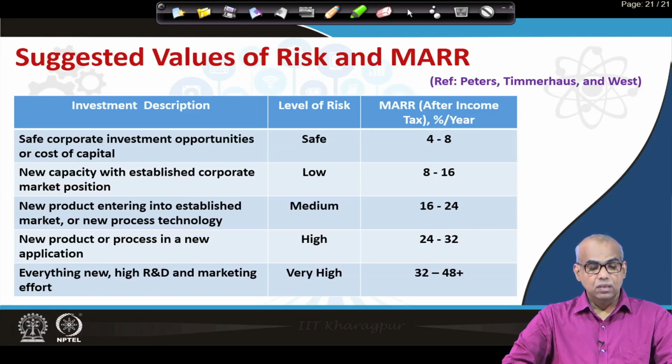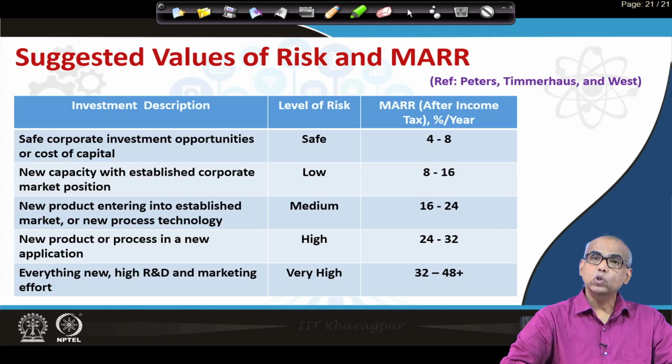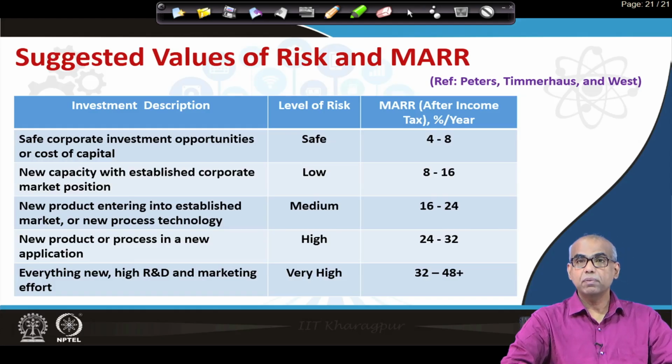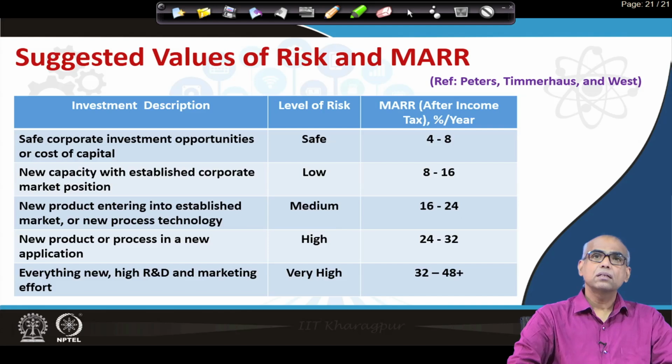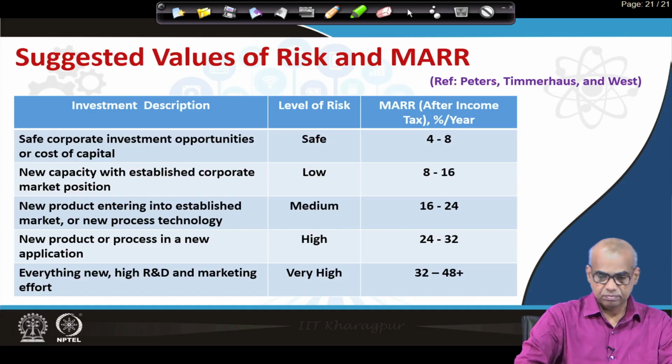So, here a table is presented which shows suggested values of risk and corresponding minimum acceptable rate of return. So, in the absence of any other guidance, this table can be used to understand the level of risk and pick up a minimum acceptable rate of return against which you will perform the economic evaluation of your business proposal.